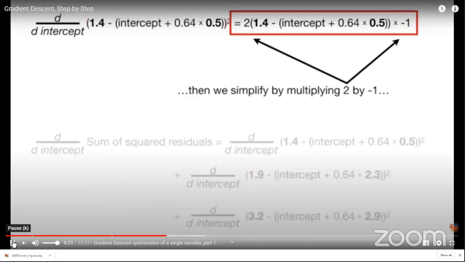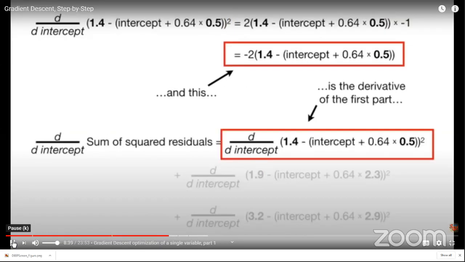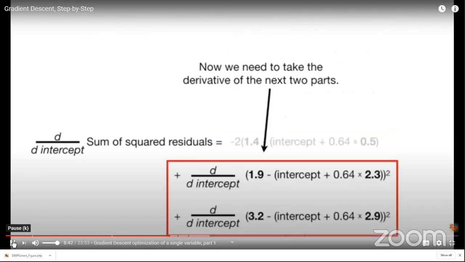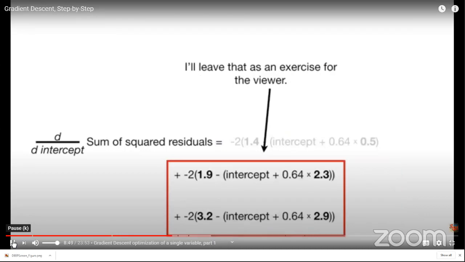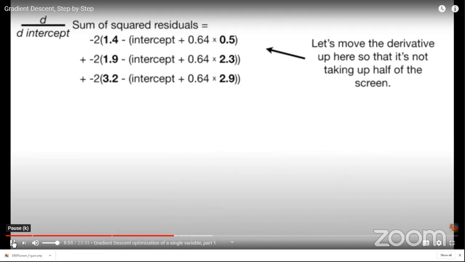Then we simplify by multiplying 2 by -1. And this is the derivative of the first part. So we plug it in. Now we need to take the derivative of the next two parts. I'll leave that as an exercise for the viewer. Bam! Let's move the derivative up here so that it's not taking up half the screen.